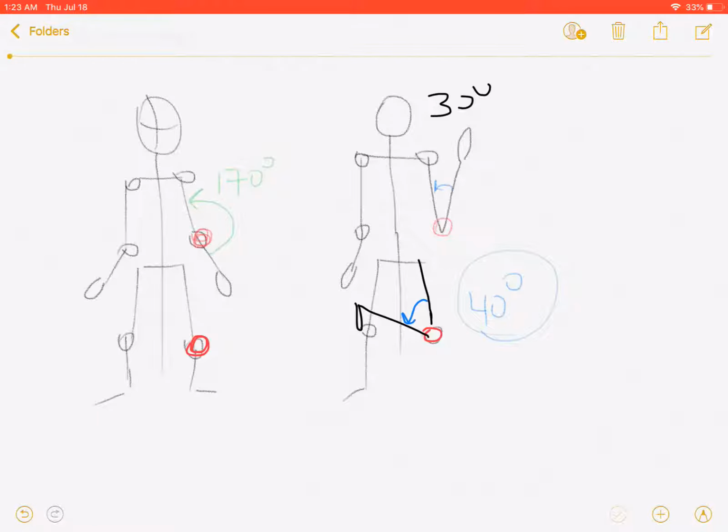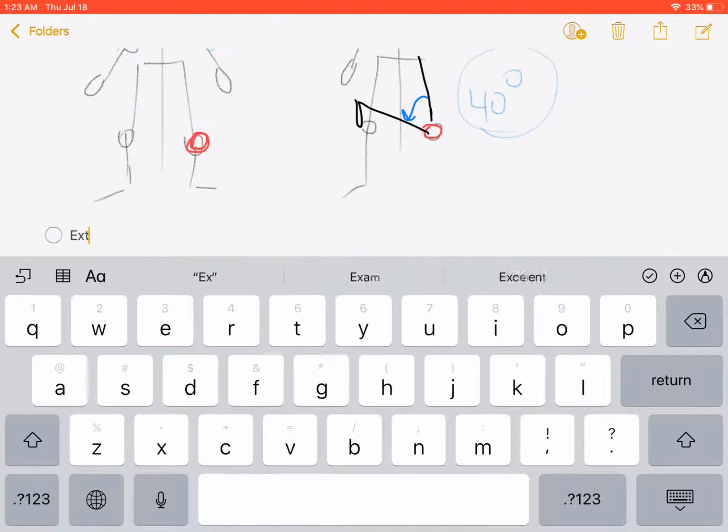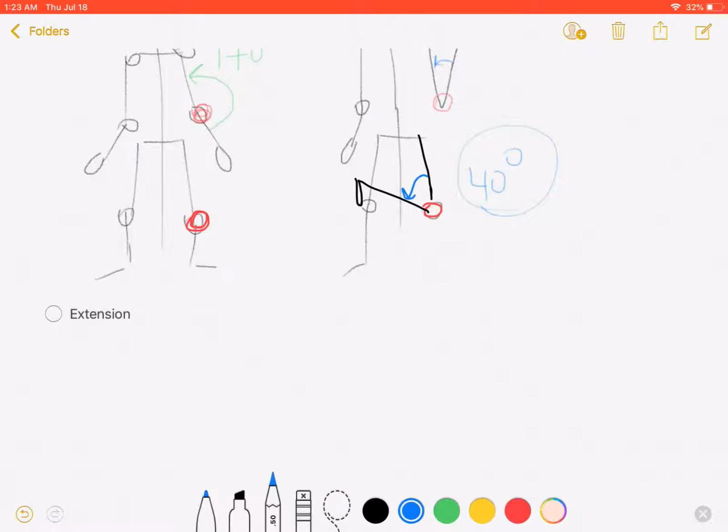So when we perform an extension, we're actually looking at a straightening of the joint.